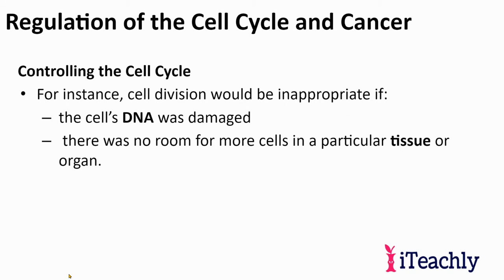For instance, cell division would be inappropriate if the cell's DNA was damaged or there was no room for more cells in a particular tissue or organ. So all the right things have to be turned on at the right time, and things have to be turned off at the right time. That's the idea.